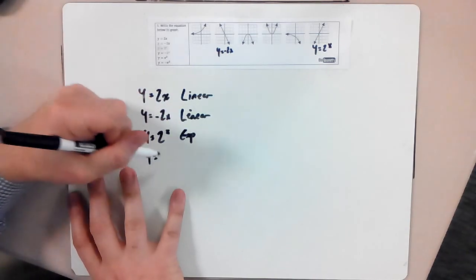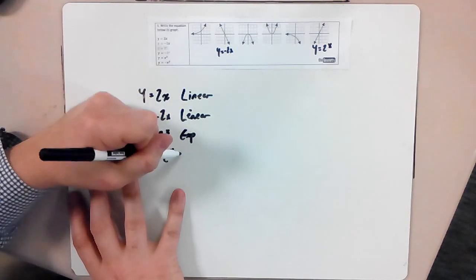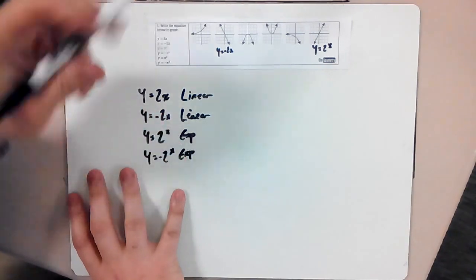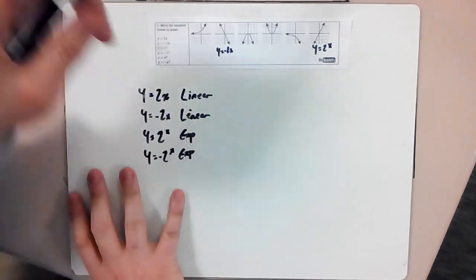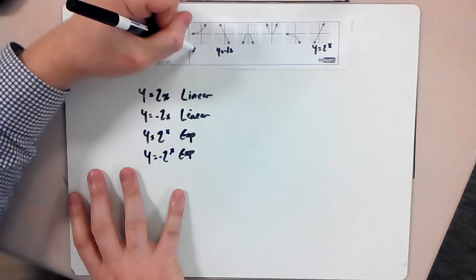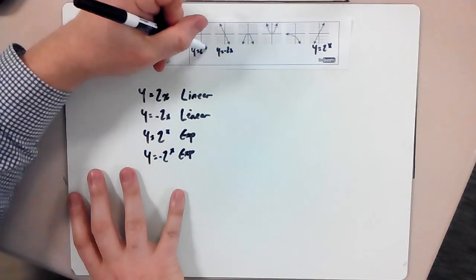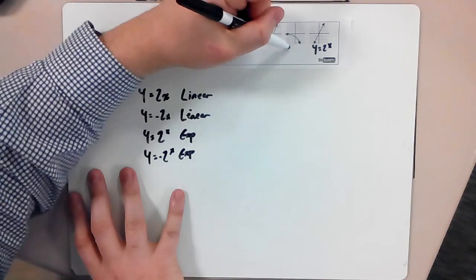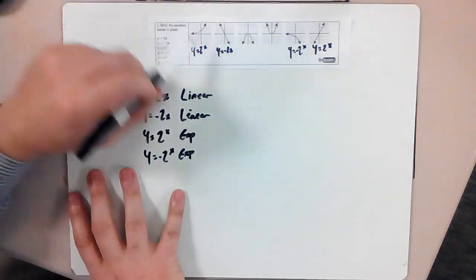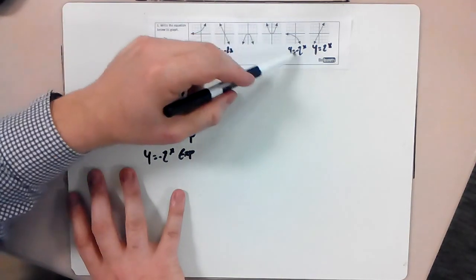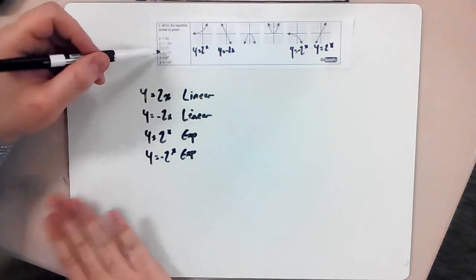This is also exponential. And again, when I read it from left to right, you can see it's going up. So this one's y equals 2 to the x power, and y equals negative 2 to the x power.